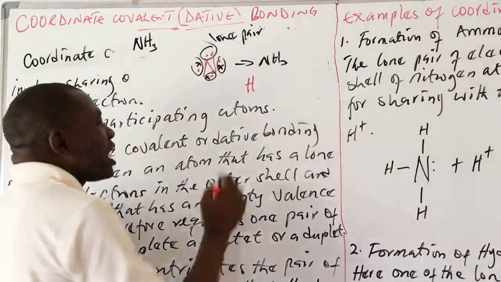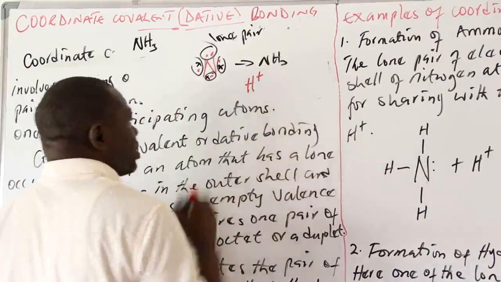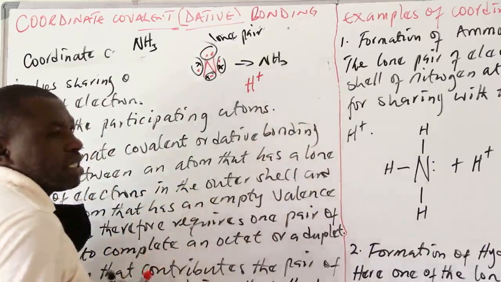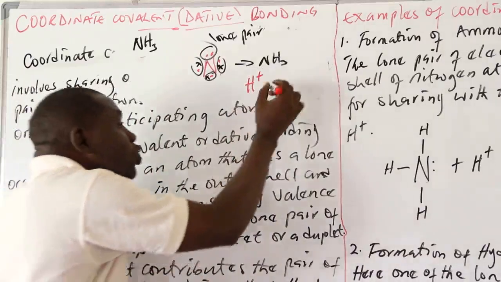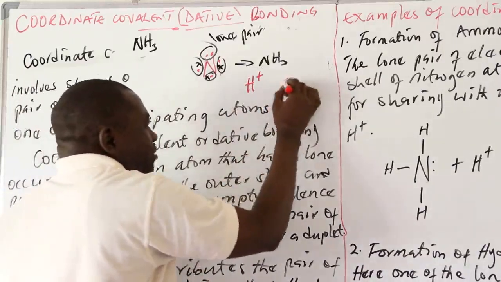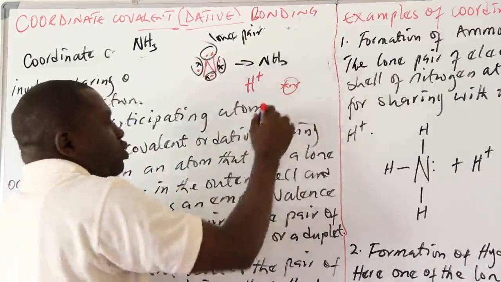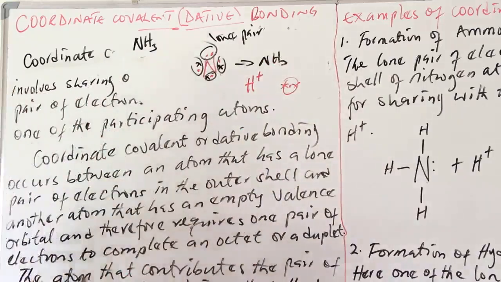But if this hydrogen now loses its electron to become a hydrogen ion, it means it does not have any electron left. That means it should be looking for 2 electrons before it can have 2 electrons in its one and only shell. It will need 2 electrons, but it does not have any to contribute. It just has an empty outer shell.